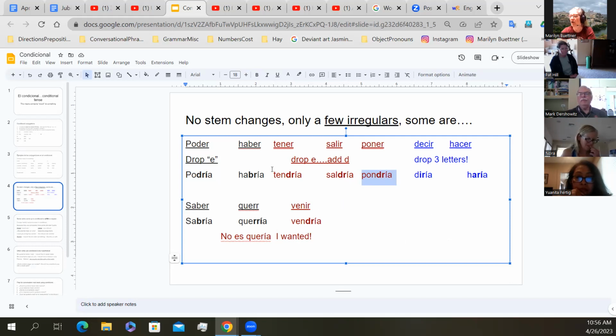So what do they mean in conditional? Would be able to, could, I guess you could say. There would be, somebody would have, somebody would go out or would leave, hypothetically.